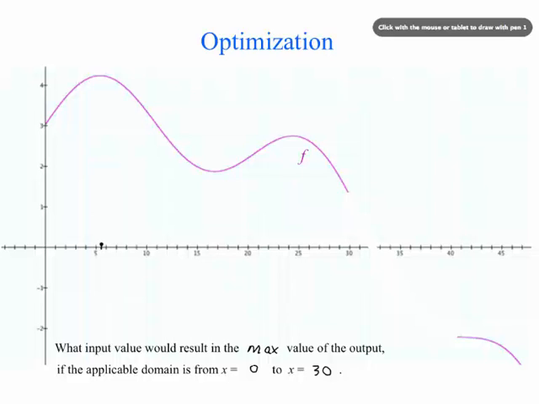And then, what is the maximum value of the output? Is it 5.5? No, what is it? 4.2. Yeah, f of 5.5, or around 4.2.